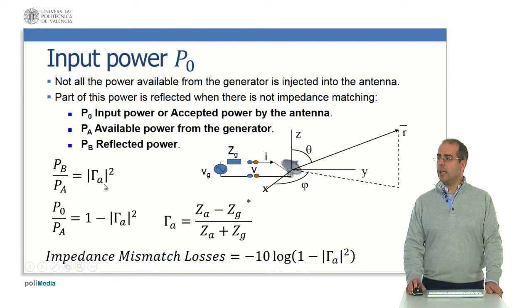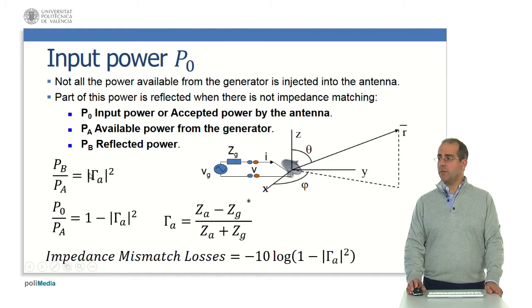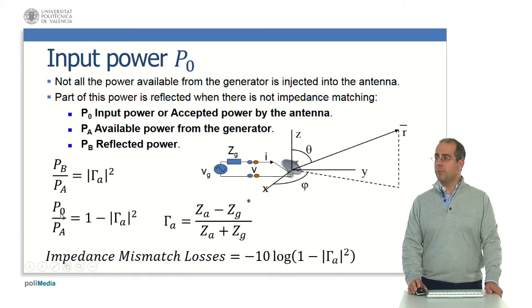What we see here is the dependence of the square absolute value of the reflection coefficient, which is the reflected power divided by the available power from the generator. Also, the impedance mismatch, which is the input power divided by the available power from the generator.